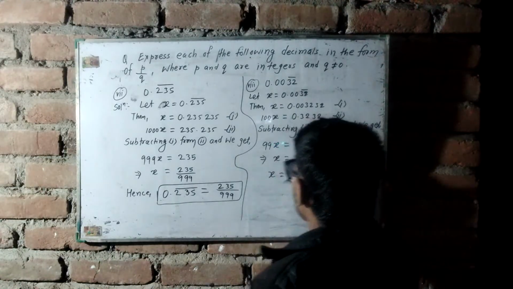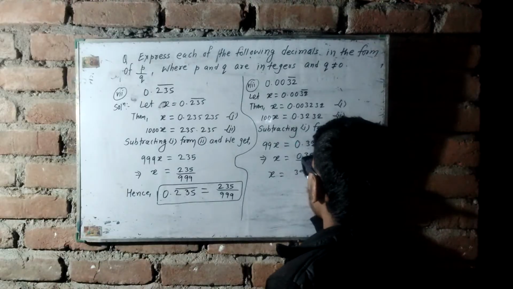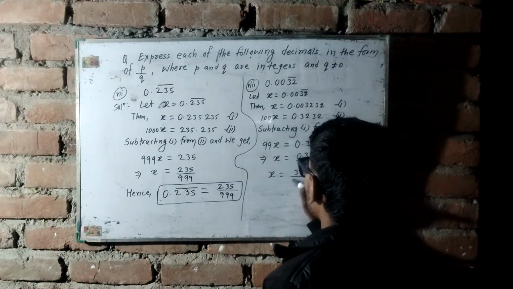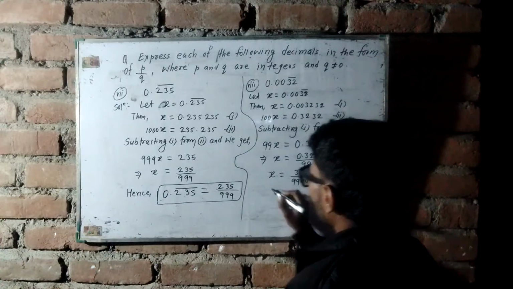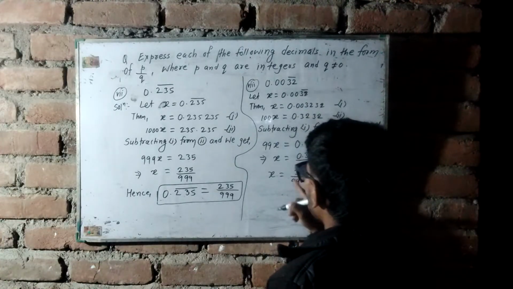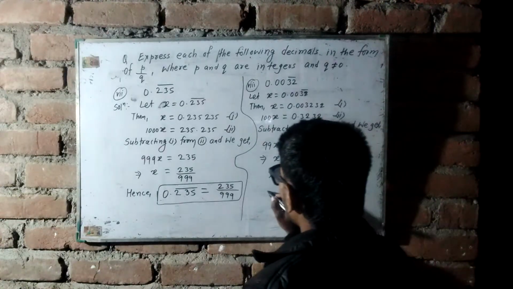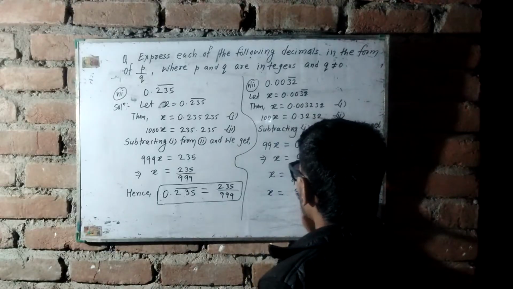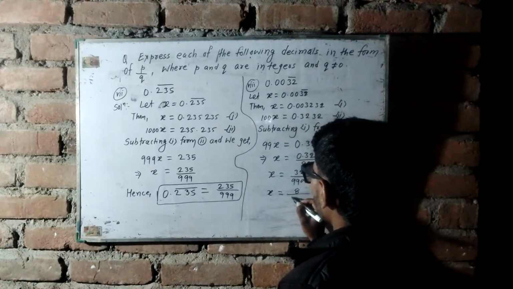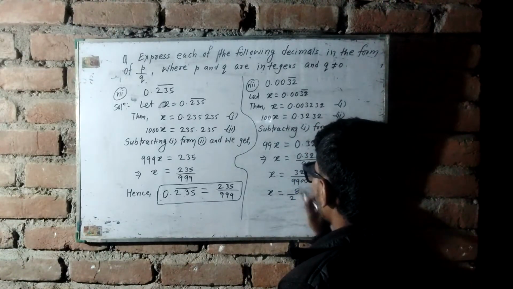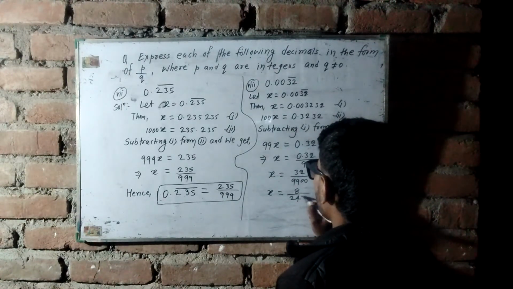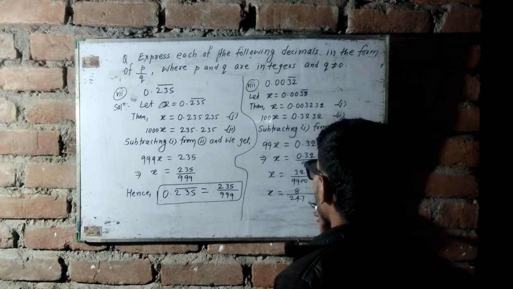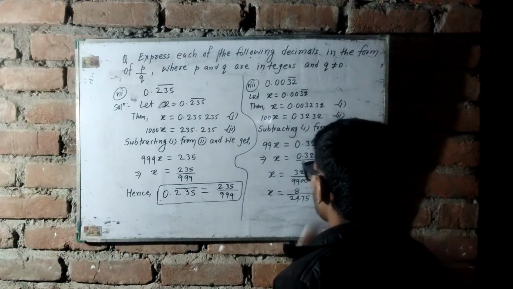You can write this as 32 upon 9900. After cancelling this by 4, you can get x is equal to 8 upon... 4 eights are 32... 4 sevens are 28... 4 fives are 20.